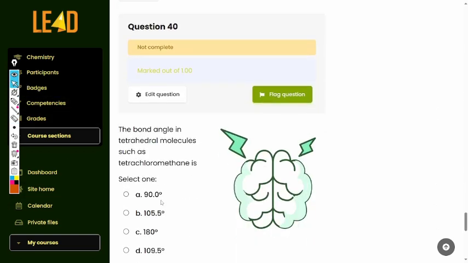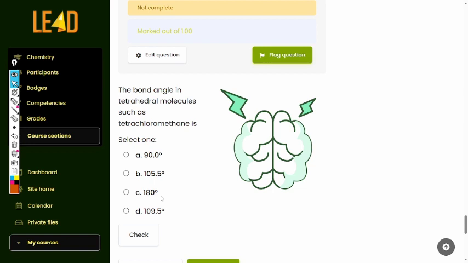40. The bond angle in a tetrahedral molecule such as tetrachloromethane is... when you have a tetrahedral molecule, it actually looks like this. So let's draw tetrachloromethane. Tetrachloromethane is CCl4.